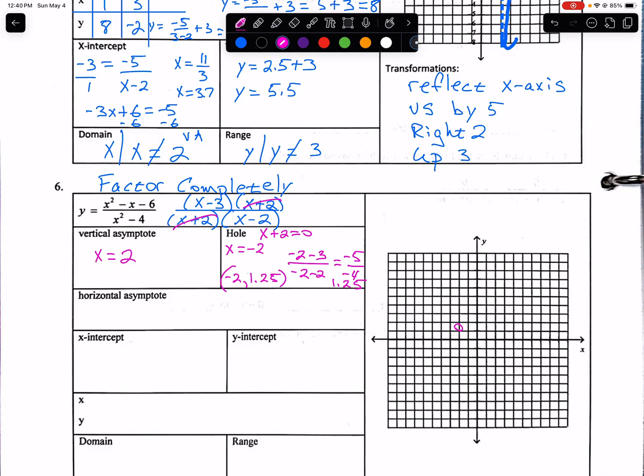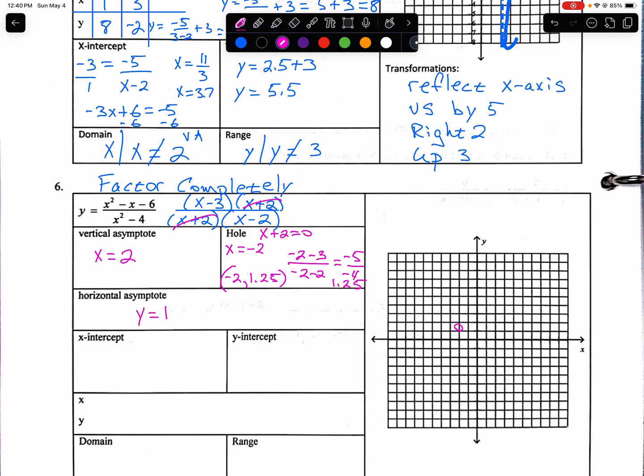Yes. So when the degree's the same top and bottom, you set the coefficients equal. Wait, but isn't it over 1? Wouldn't it be x to the third? No, because the highest exponent is the degree. You can't add the x's, right? If you were multiplying, it would be x to the third, but because we're subtracting, that's why it's not. Okay. So highest exponent, so y equals 1.